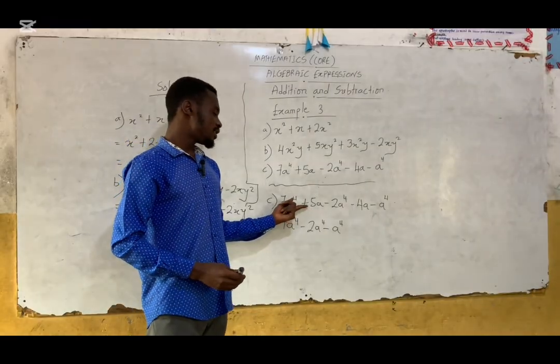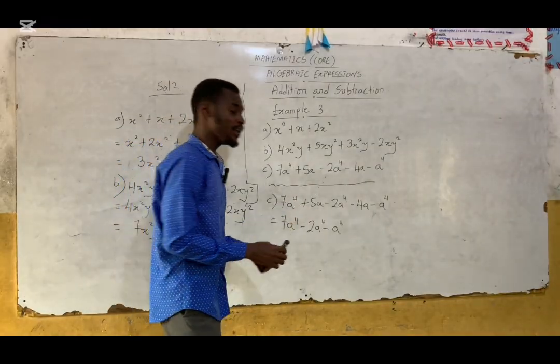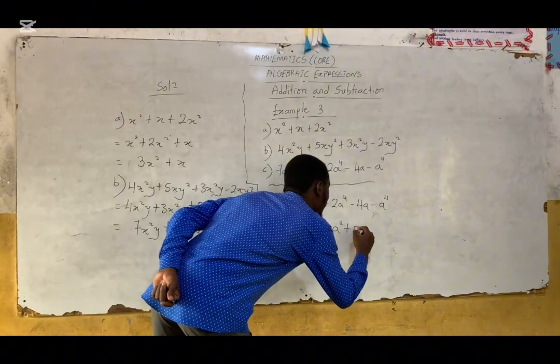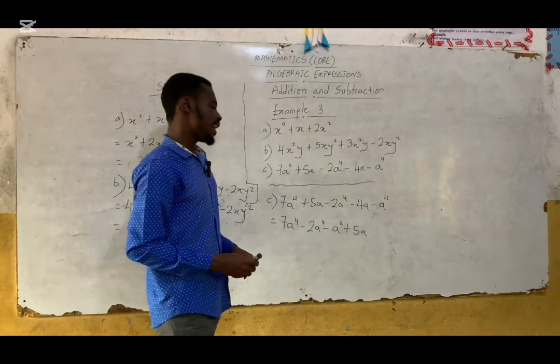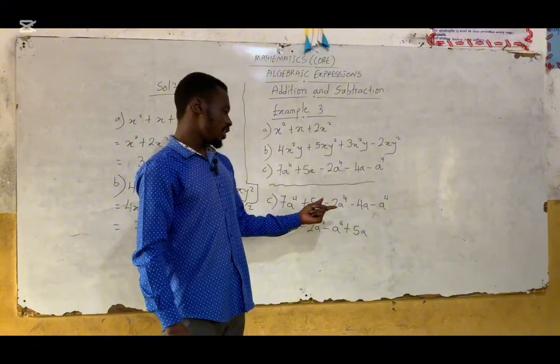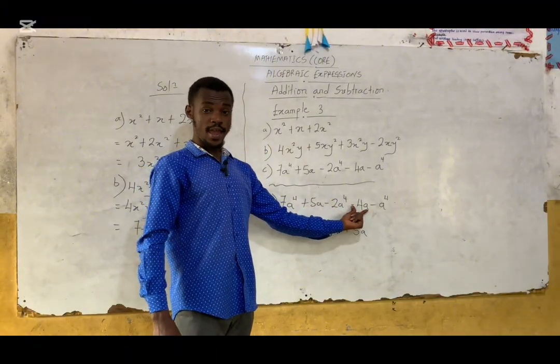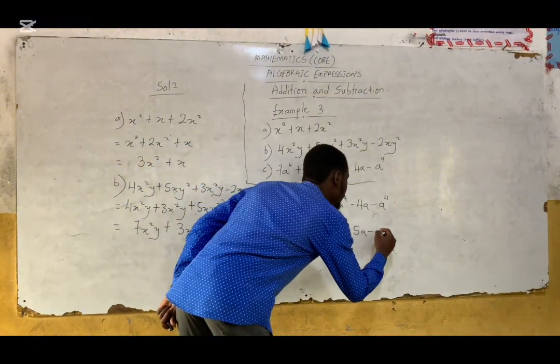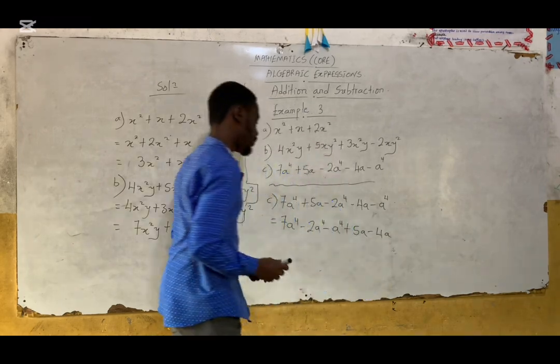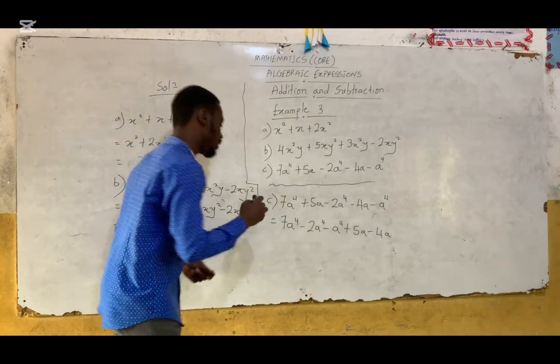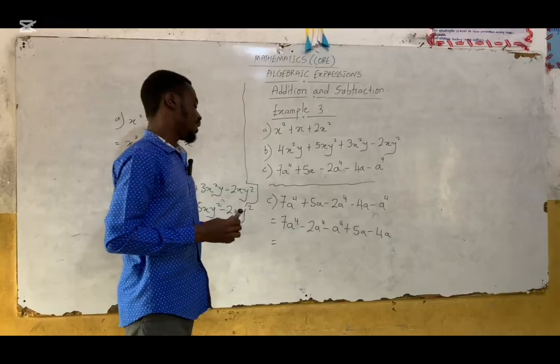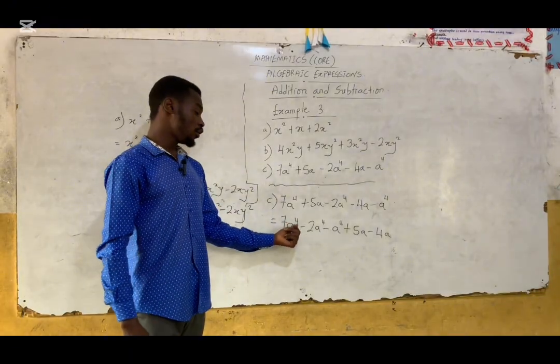The next one is positive 5a. So plus 5a. It's a family member of negative 4a, right? We are done. Now, let's see a exponent 4 to be biscuits.